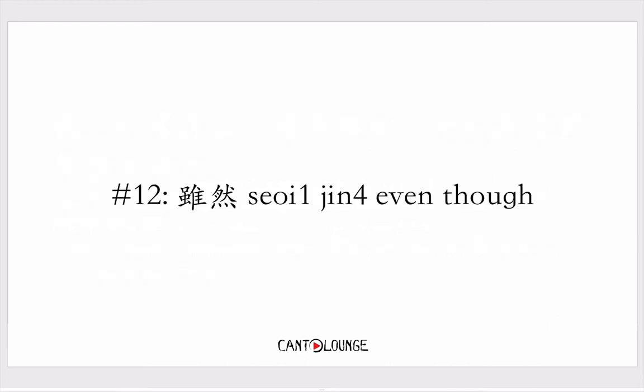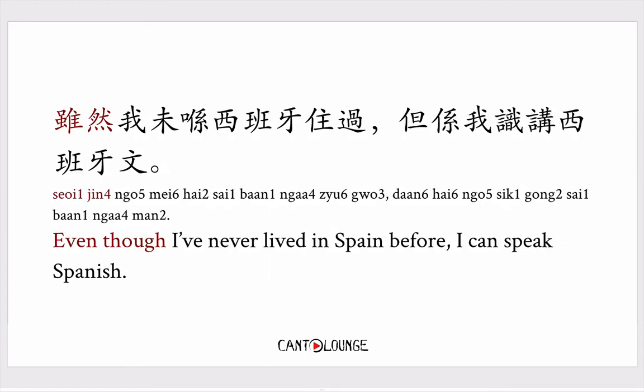Okay. Moving on, number 12, 雖然 even though, this is a good one. Imagine someone who met a Spanish person, let's just say Carlos, and Carlos starts speaking to you in English, or maybe in Cantonese, interestingly enough, and then you reply in Spanish, and Carlos is like, how do you speak Spanish?